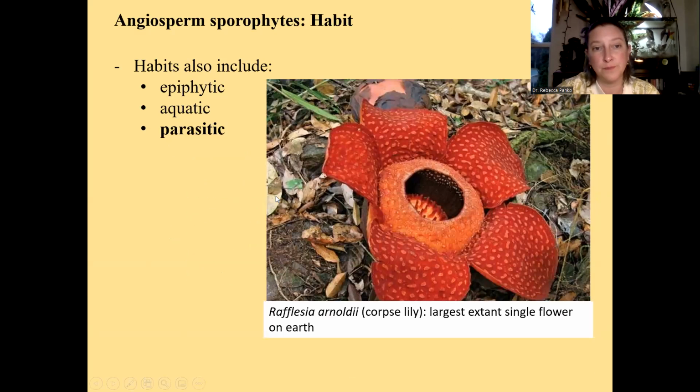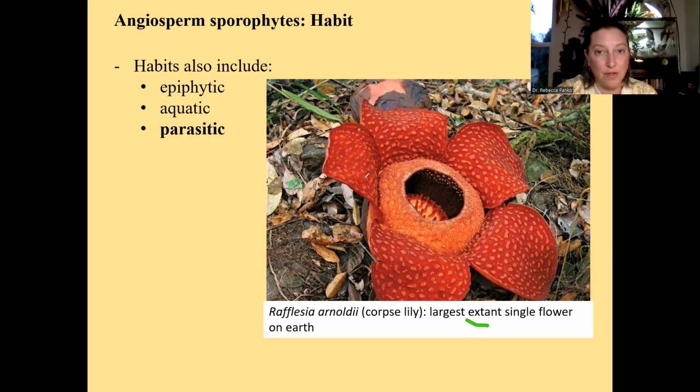This is another example of a parasitic plant. This one does not occur in the New Jersey, New York area, but still super cool to include. This plant is called the corpse lily. It's actually the largest single flower on Earth. And remember, this word extant just means not extinct, right?